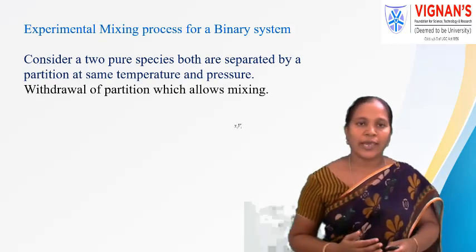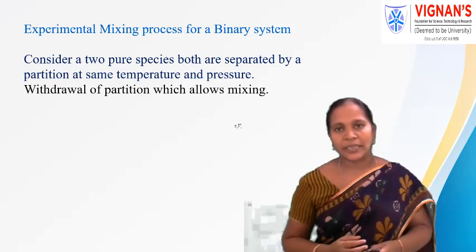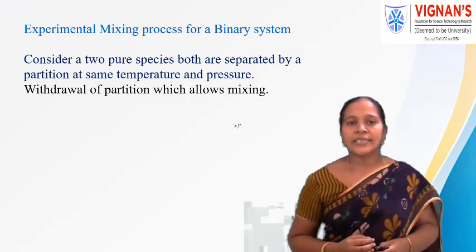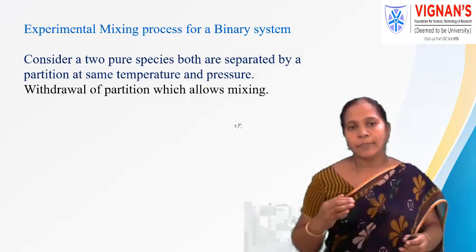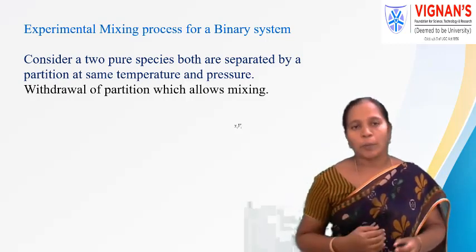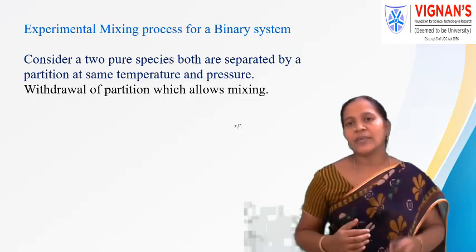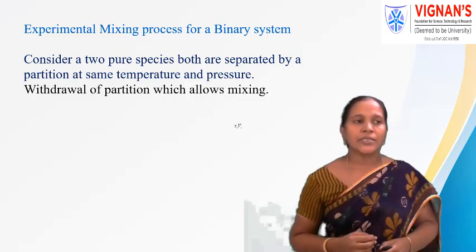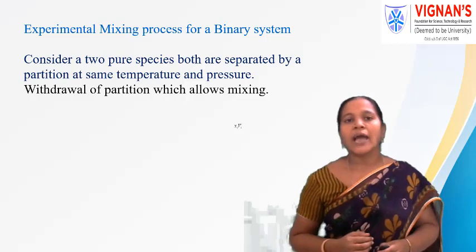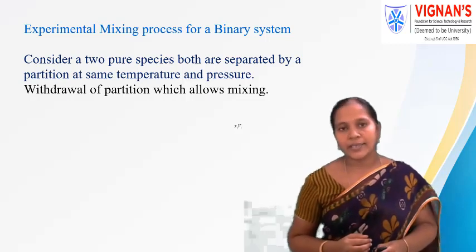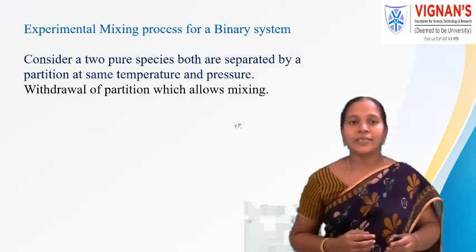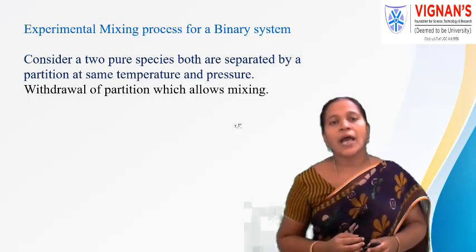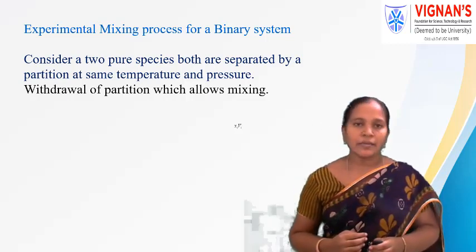Before going to the experimental mixing process for a binary system, we are discussing some background of the topic. That is, we know the equations GE is equal to delta G minus RT sigma xi ln xi. Similarly, SE is equal to delta S plus R sigma xi ln xi.